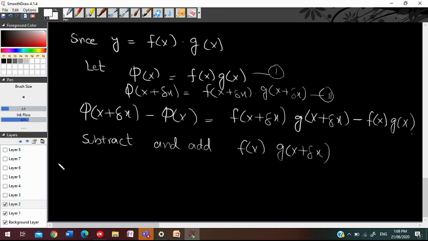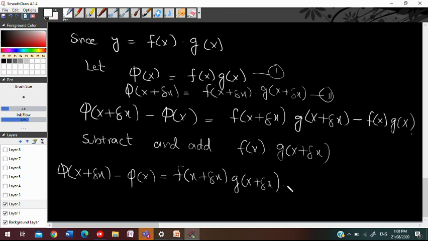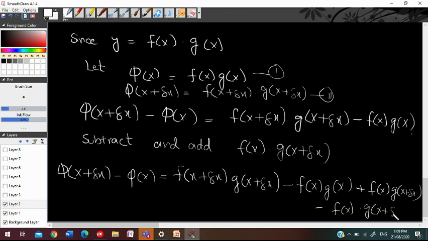Now, phi of x plus del x minus phi of x is equal to f of x plus del x into g of x plus del x minus f of x g of x, and then what we will add or subtract? This factor: plus f of x into g of x plus del x minus f of x into g of x plus del x. Okay.